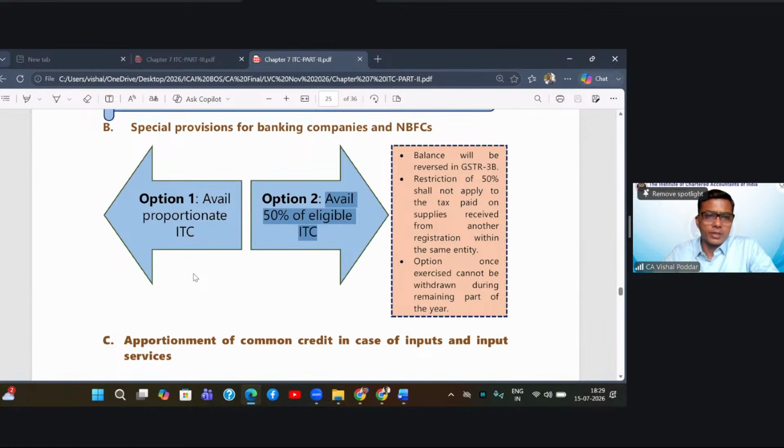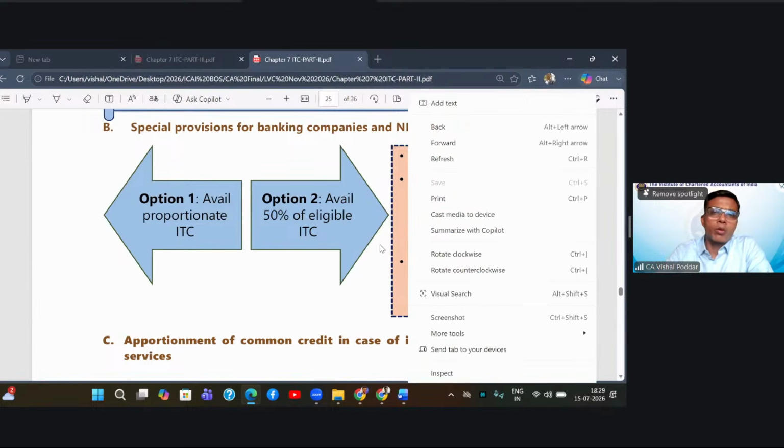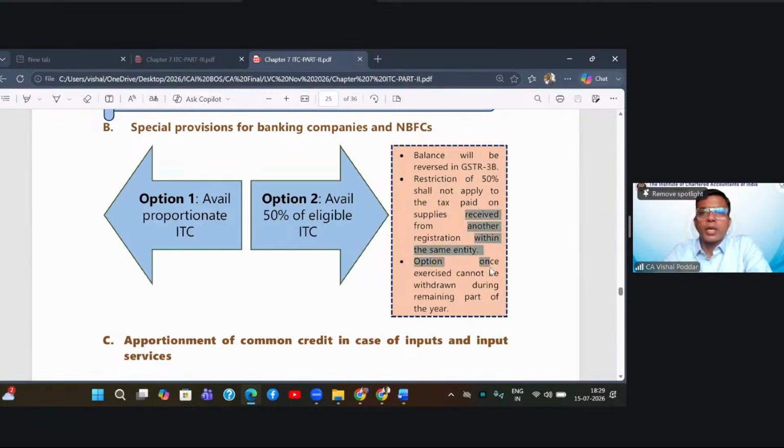That's it. So whatever are your eligible supplies from outside entities, simply take 50%. So these are the two options given. Importantly, the bank can opt for either, but whatever option it opts for has to be chosen at the start of the year, and for the remaining year it has to compulsorily follow it.